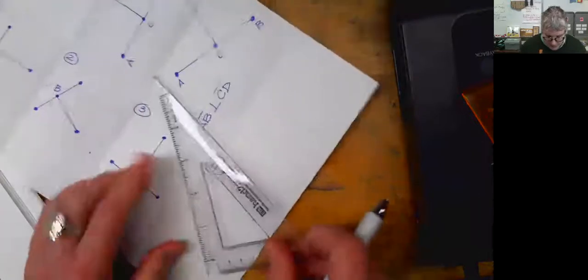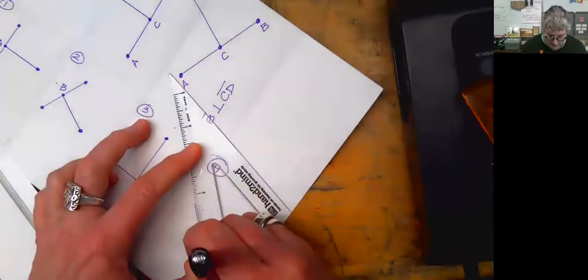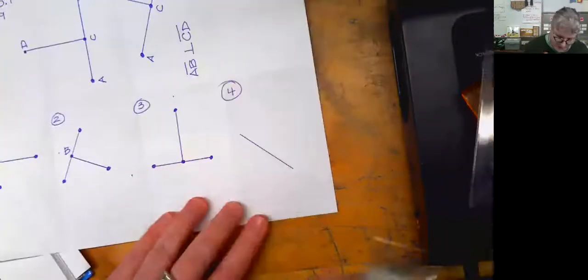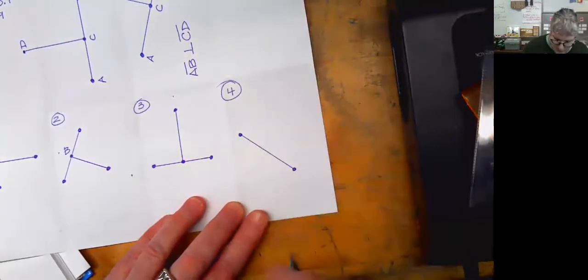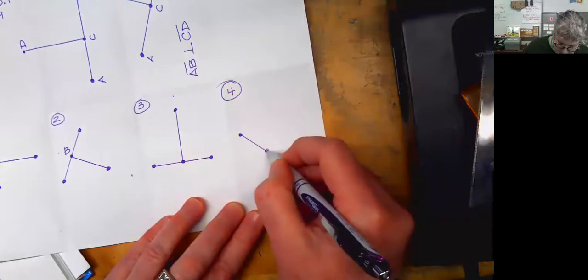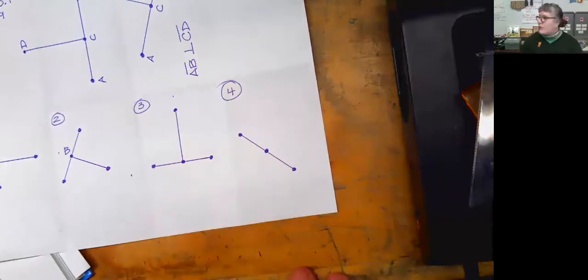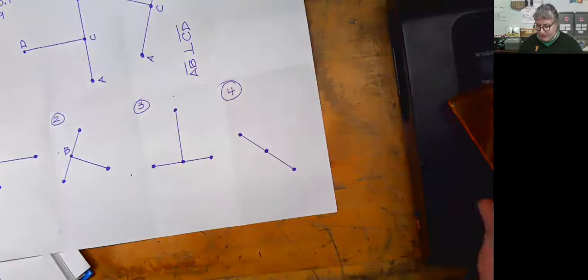And number 4 has one that looks like this. It's got a little bit of an angle to it. So again, they're just trying to give you lots of practice doing this because they know that you've never done it before. And so it's kind of a little bit tricky.